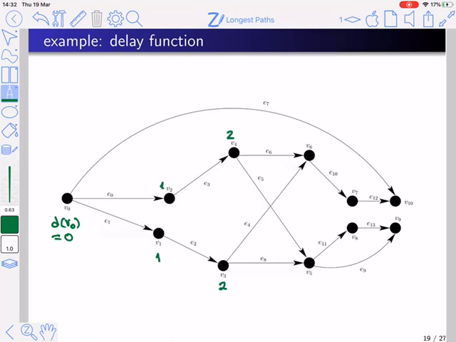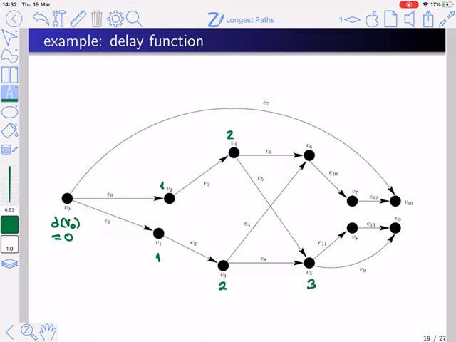We continue now to look at V5. V5 has 2 edges that enter it. The first edge comes from V3, and the second edge comes from V4. Both of these vertices are labeled by 2. Their delays are 2. Therefore, the delay of V5 is 2 plus 1 equals 3.